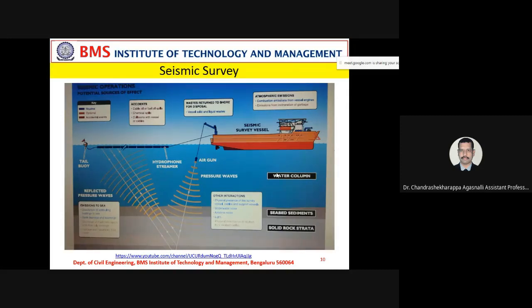Based on this type of survey, igneous rocks behave completely differently, completely reflecting. Sedimentary rocks, being grains, are partially reflecting and partially absorbing, 50-50 or maybe 60-40, depending on the formations and the clay content in the sedimentary rocks. Based on that, the waves are reflected, refracted, or absorbed.